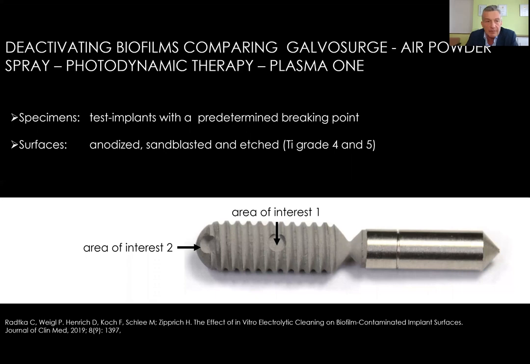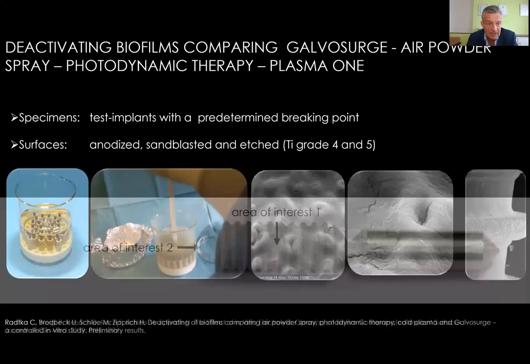I just share air powder spray with you, which is one of the most common methods, because we have limited time. You can see it in the published articles if you want to go deeper into these methods. We always investigated the same areas, area of interest 1 and 2, to minimize any bias.